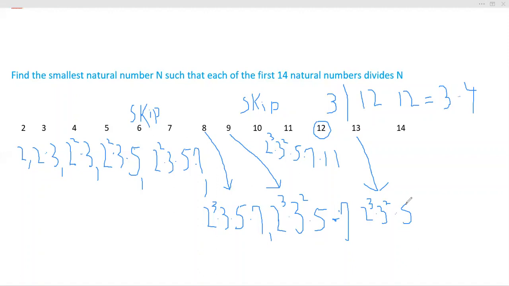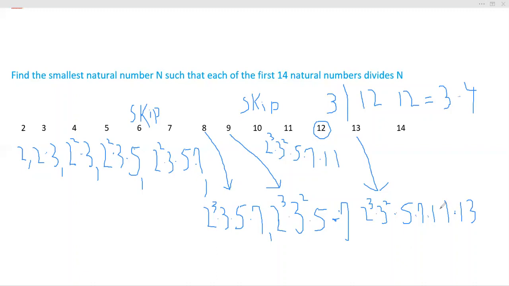And looking ahead, it looks like this is probably going to be the answer. And then we got to put the 13. I sure hope those dots are showing up, okay? So this is 2 cubed times 3 squared times 5 times 7 times 11 times 13.